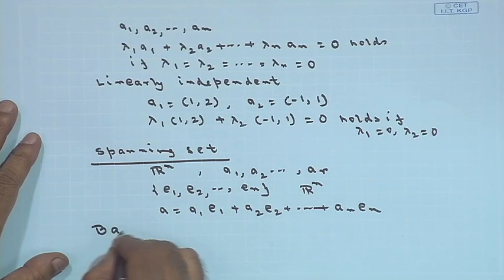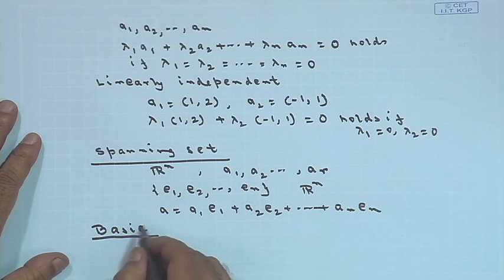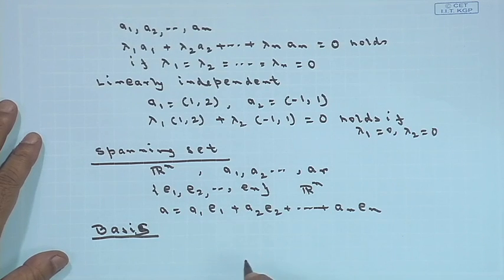Similarly, there is another concept which we call basis. A basis for Rn is a linearly independent subset of vectors which spans the entire space.